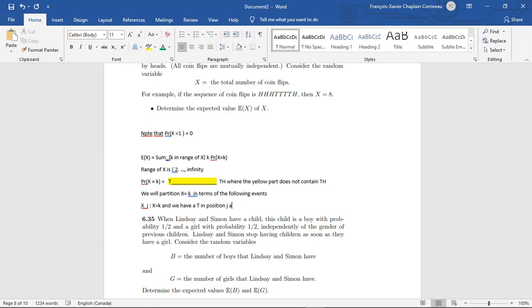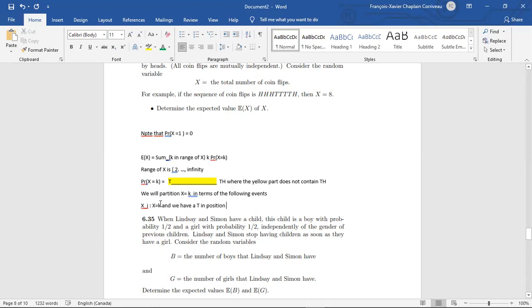Or maybe what's a nice way to say this? I want to say that in the first k minus 2 flips. Okay, I think I know what I'm going to do. I'll just be careful about the range that I'm defining these variables.